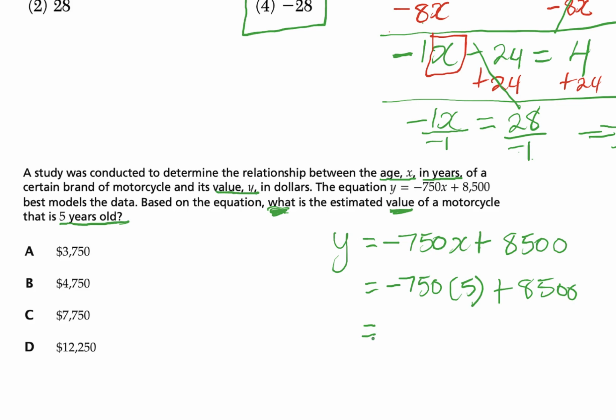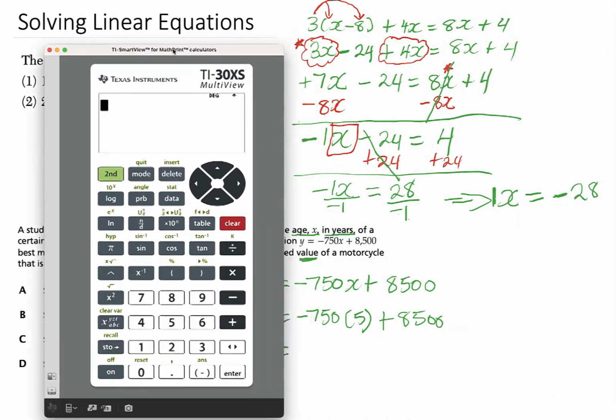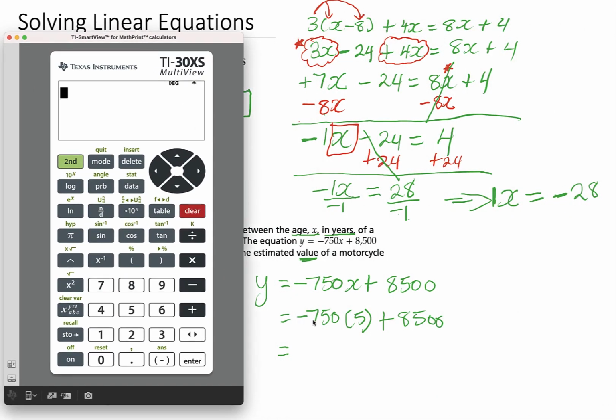Now, since these numbers are pretty big, well, they're not that big, but suppose this was on the calculator section, you can now get your calculator and let me move it over here. And all we're going to do is put in this right here. So we need a negative. This is your negative here. Don't use this. That's subtraction.